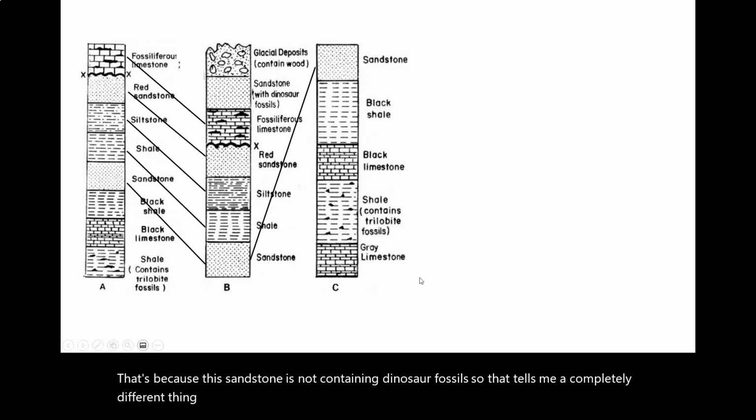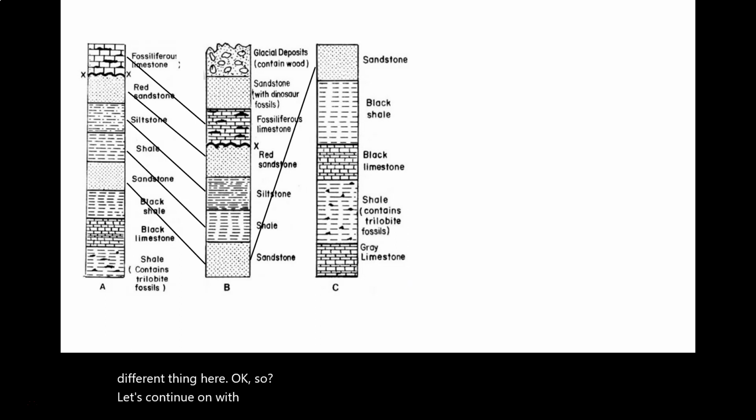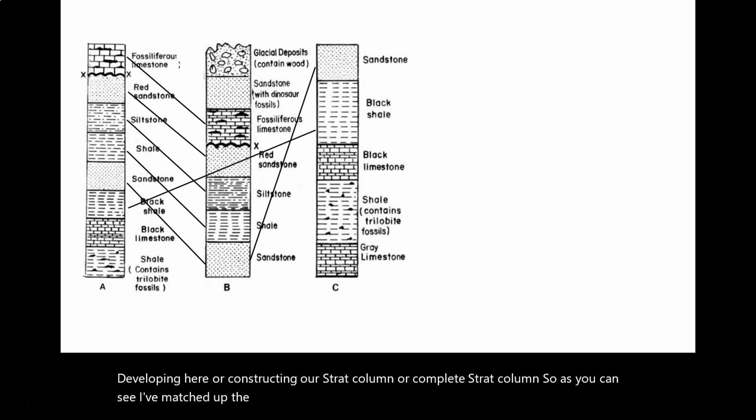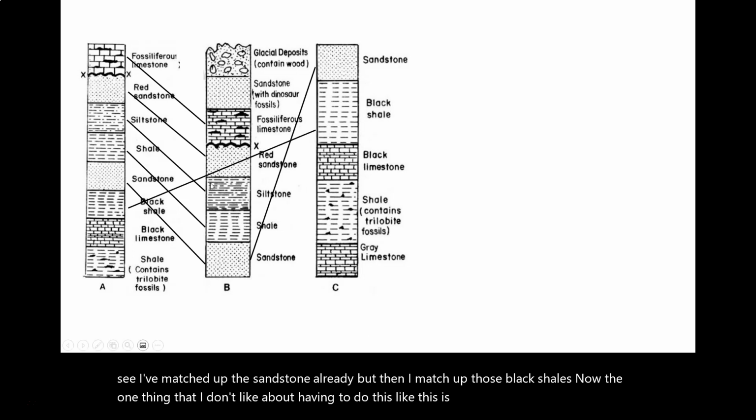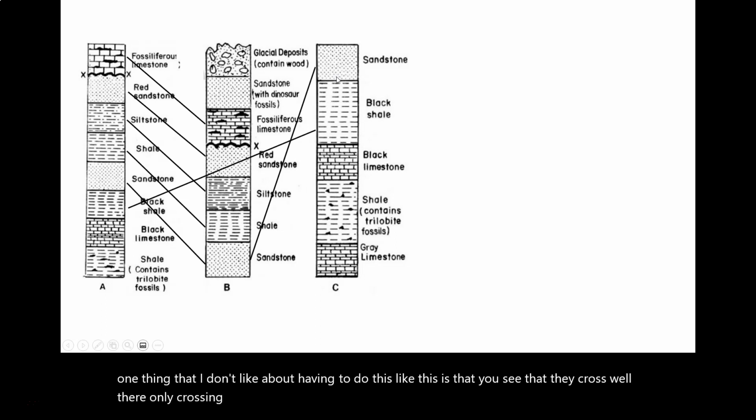Okay, so let's continue on with constructing our complete strat column. So as you can see, I've matched up the sandstone already. But then I match up those black shales. Now, the one thing that I don't like about having to do this like this is that you see that they cross. Well, their only crossing is because this is actually located lower.